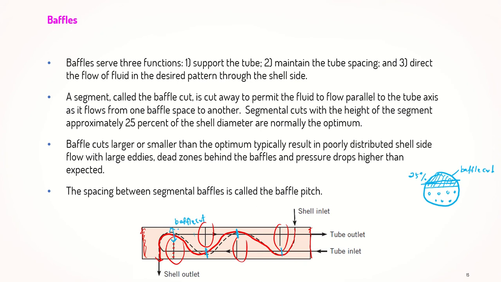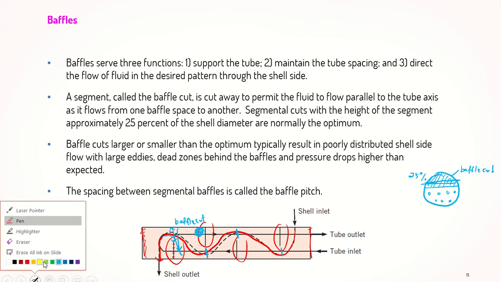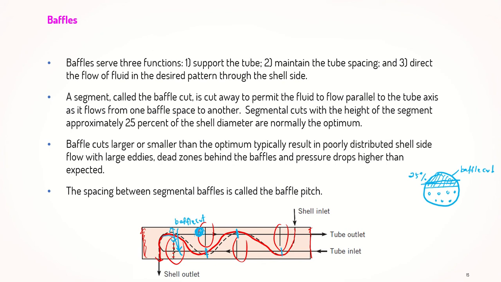So let's say that we have a very big baffle cut. What happens is that we're going to have eddies here. If the baffle is quite small but the baffle cut is very big, this is the baffle cut here, so the flow would be flowing something like this.